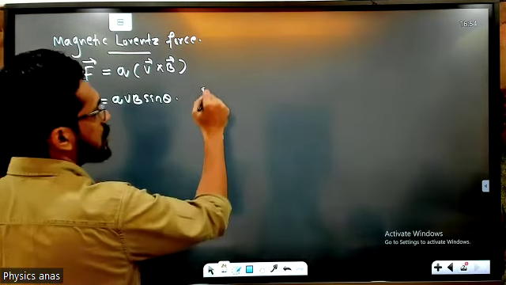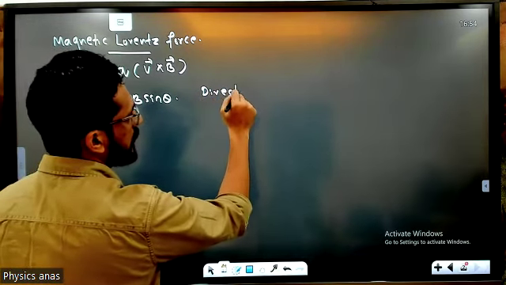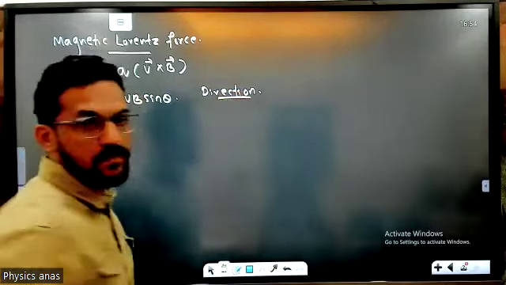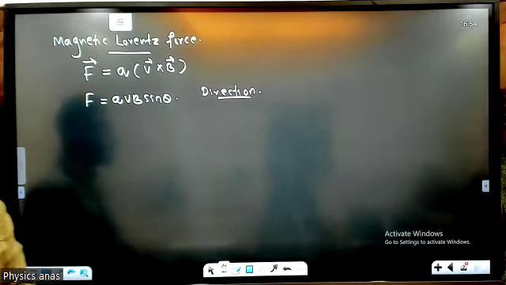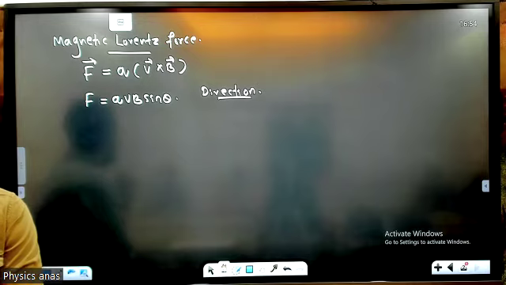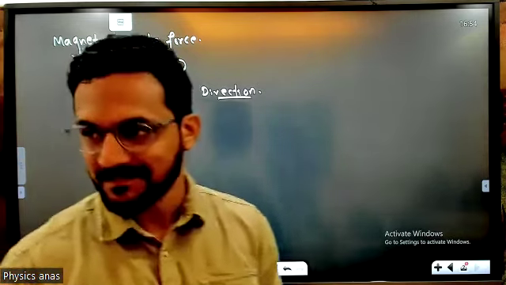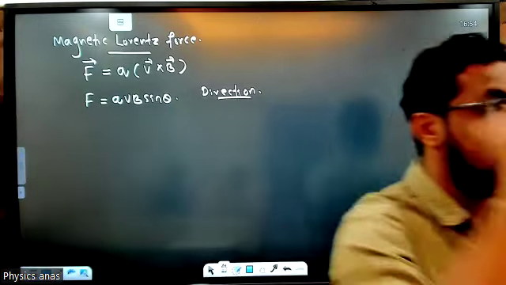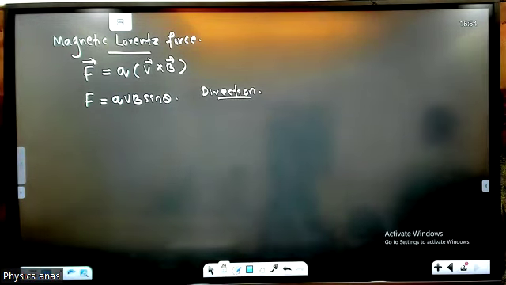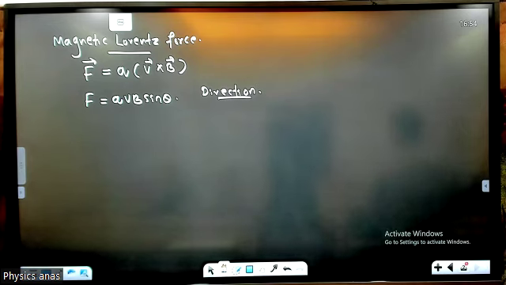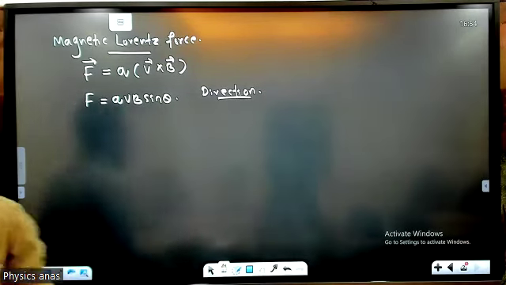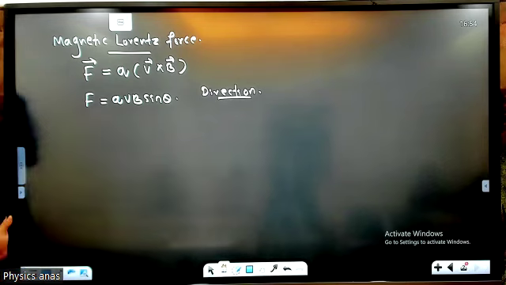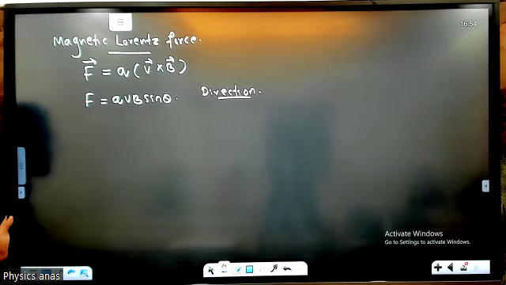What will be the direction of the magnetic Lorentz force? You can use two rules to find the direction of the magnetic Lorentz force, if a condition is met.